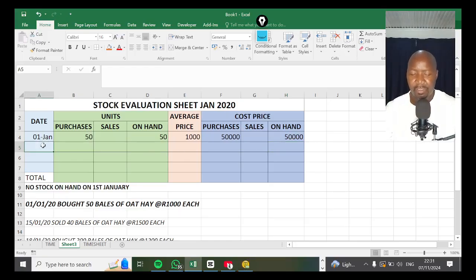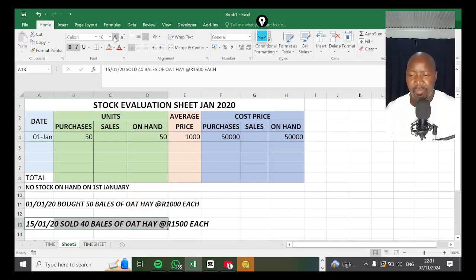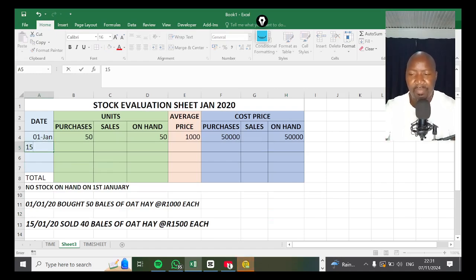Moving on to the next transaction. The next transaction happens on the 15th of January. What happened on the 15th of January? We sold 40 bales. So we put the date, 15/01.